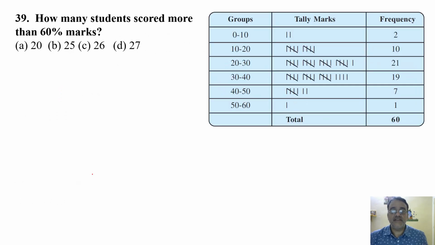Next, how many students scored more than 60%? Total marks was out of 50, sorry, out of 50. So 60% of 50 is 30 marks. So from 30 we have to count up to 60. So 19, 7 and 1, that is more than 60%. So here we are getting 27, right.